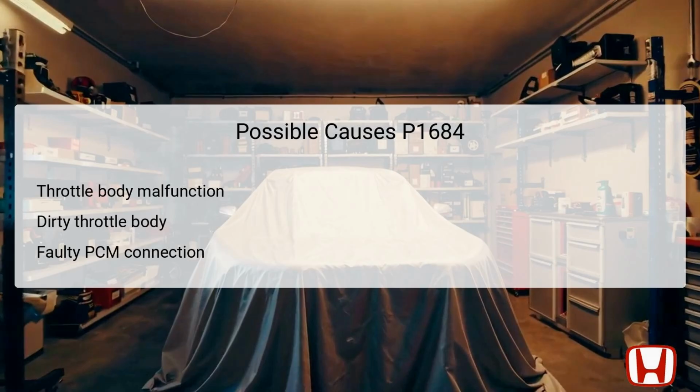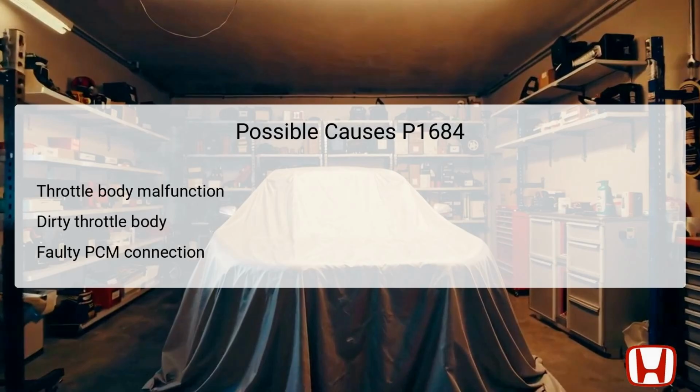One primary cause is a malfunction in the throttle body itself, which may be due to mechanical failure or wear over time. A dirty throttle body can also impede its functionality. Accumulated carbon deposits can prevent the throttle valve from operating smoothly, ultimately leading to improper closure.